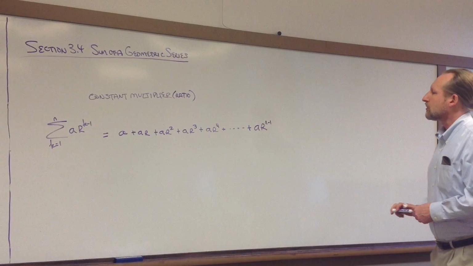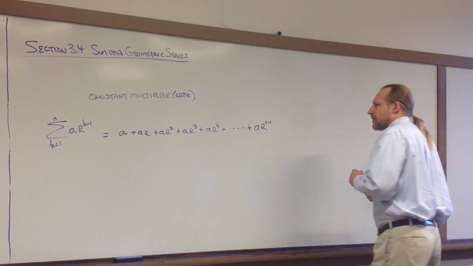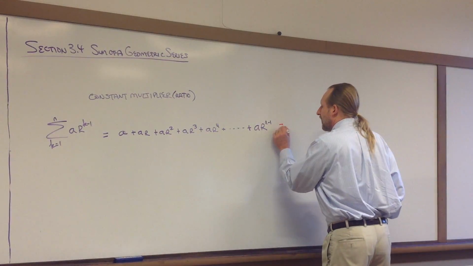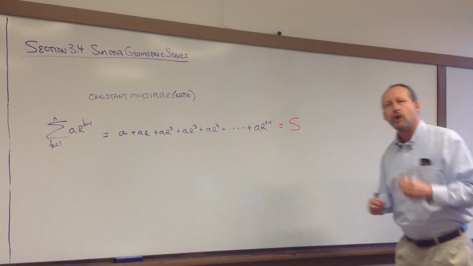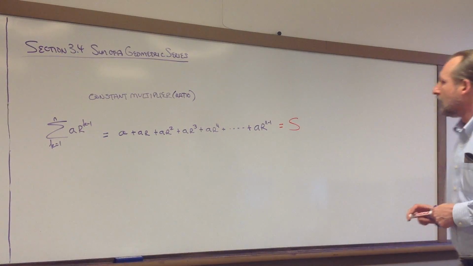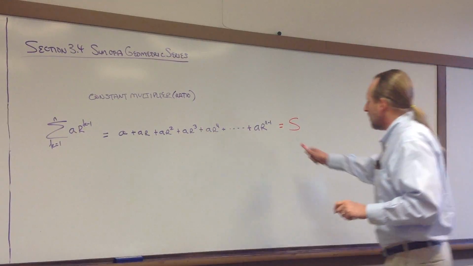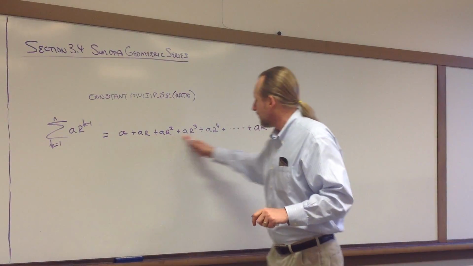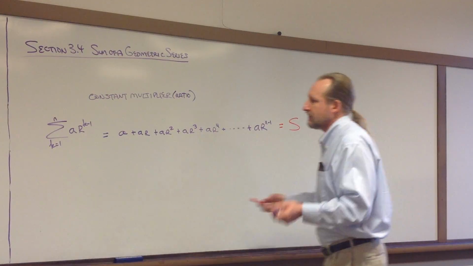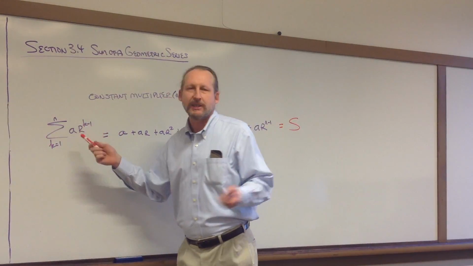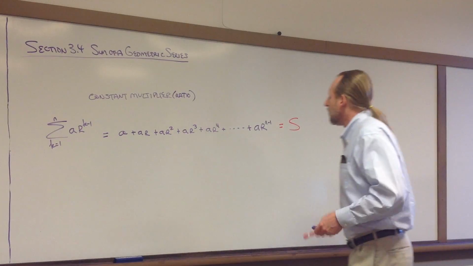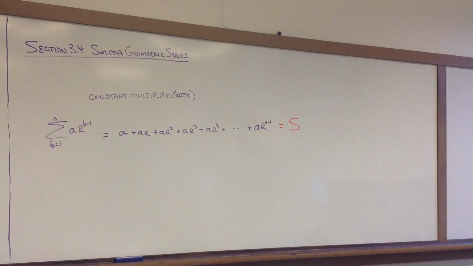Let's say that this sum is equal to some value that we'll call s. To find a formula for this sum, because this is just a representation, it doesn't give you a number for what s is going to be.